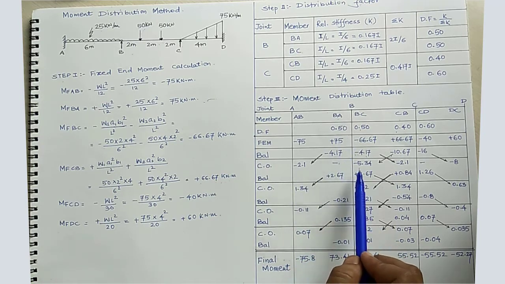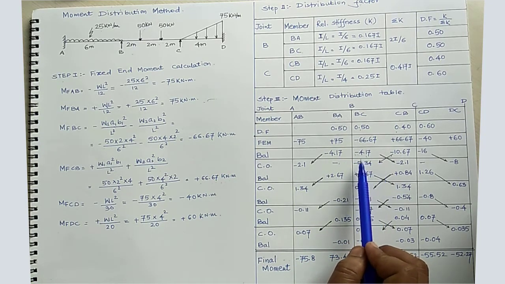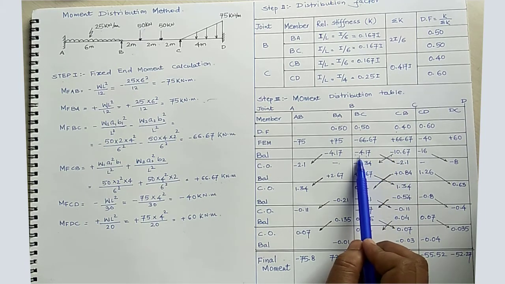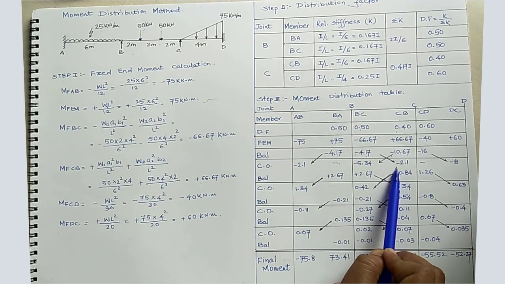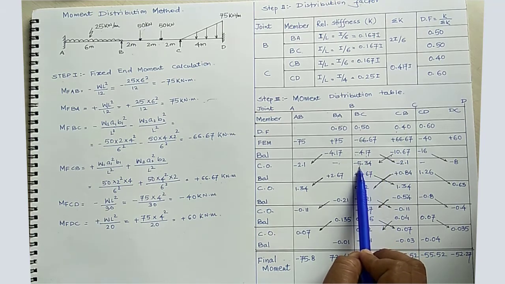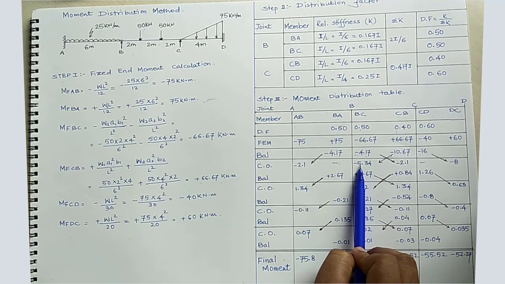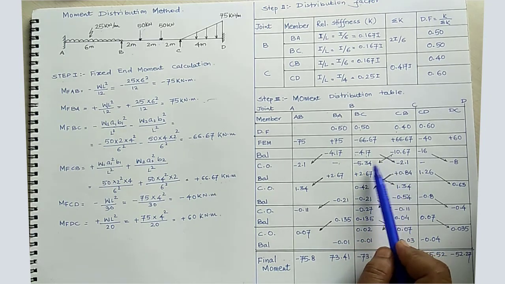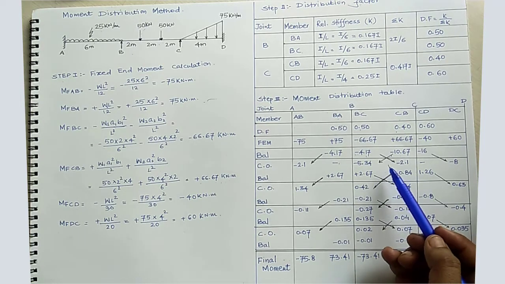Now as I have told, B and C have the sharing nature. So minus 4.17, 50% of this is given to CB, minus 2.1, and minus 10.67, 50% of this is taken up by the member BC. So this is the sharing nature of continuous supports.